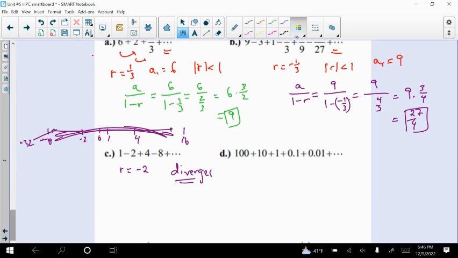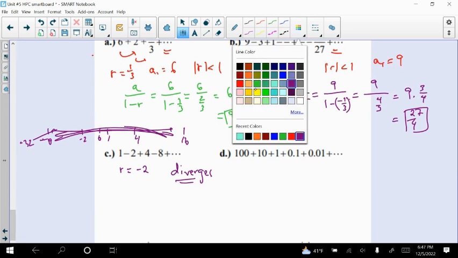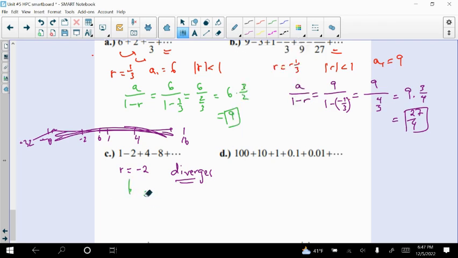Now, you might get tunnel vision and just say, hey, my ratio is negative 2, and I get A over 1 minus R. Look, my pen doesn't even want me to do this, because you can't. Even if I try to algebraically get an answer, 1 over 1 minus negative 2 is 1/3, that doesn't make any sense in this context, because my numbers are oscillating between a very large positive and a very large negative.